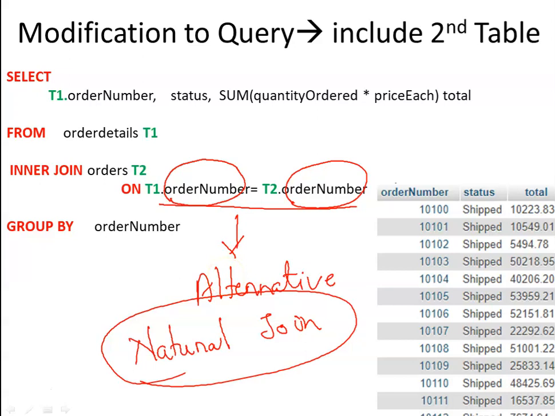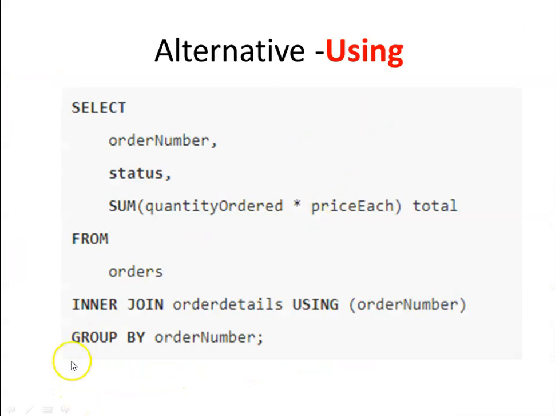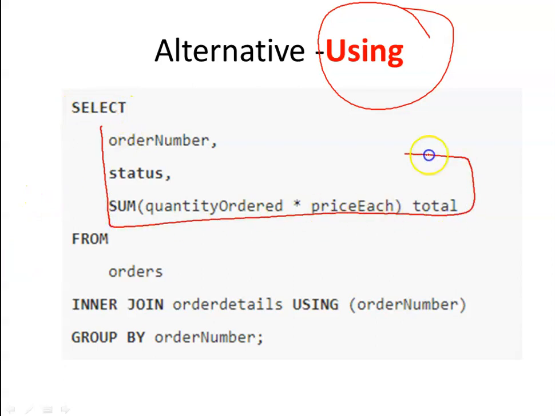So how do we make use of this alternative? We use a keyword called using. Basically our query remains the same. The select portion along with the field list remains the same. From the orders table, inner join order details.